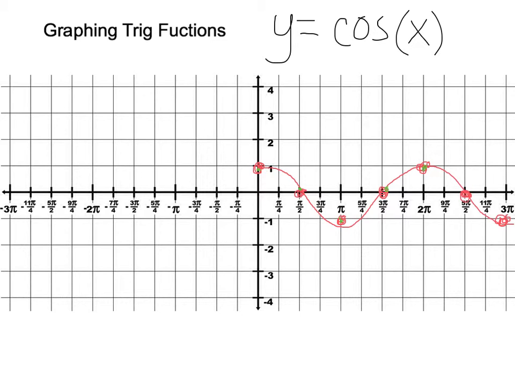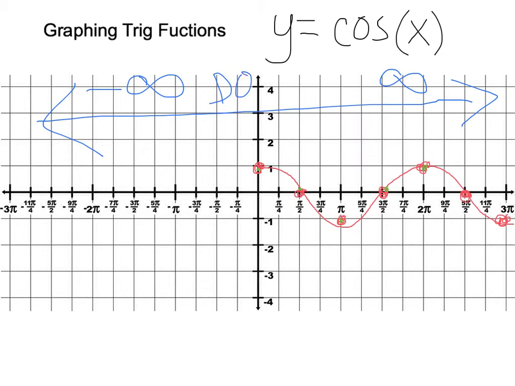So let's just take a quick look at the domain and range of this graph. Clearly the domain, which is the x values, can go all the way from the far left to the far right. It can go from negative infinity to infinity. So that's what the domain is. Now the range is the y values.